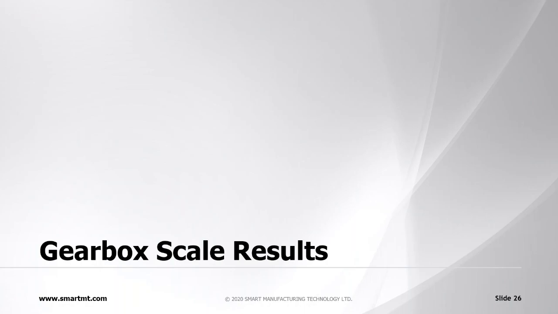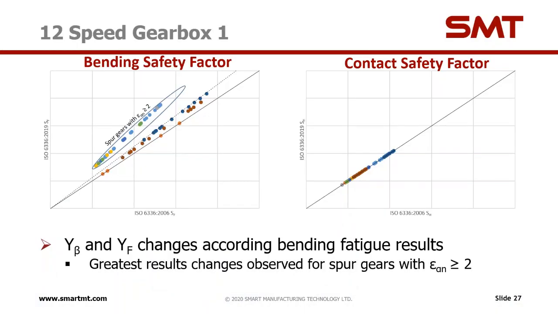The format we're going to use for this is fairly standard, the same as we used in the previous. We're going to have the bending safety factor comparison between ISO 6336 2006 on the x-axis and 2019 on the y-axis. And on the right-hand side, we'll look at the contact safety factor with the same thing.